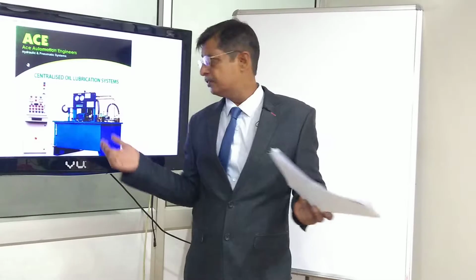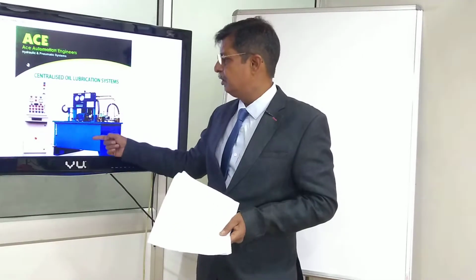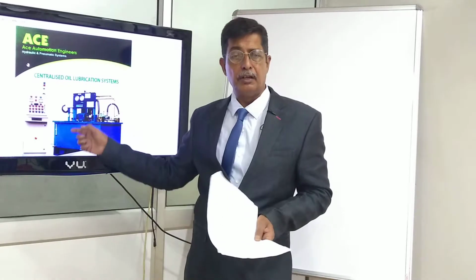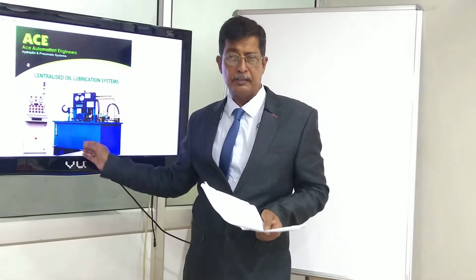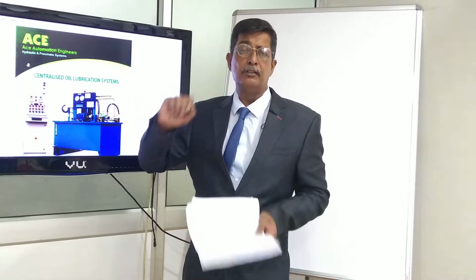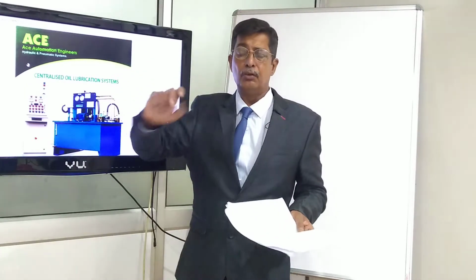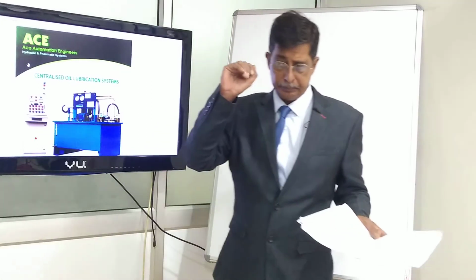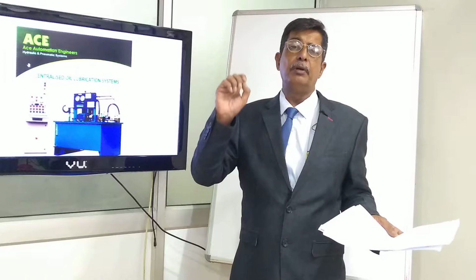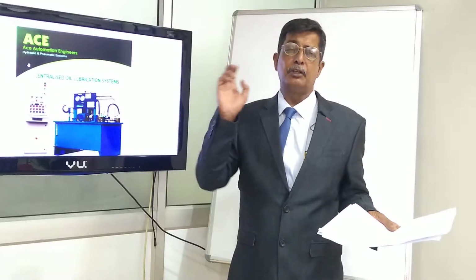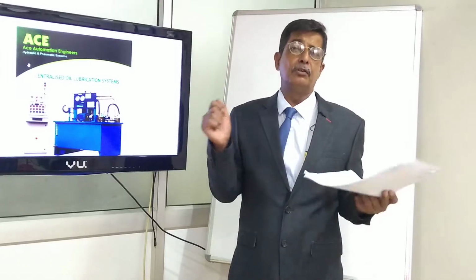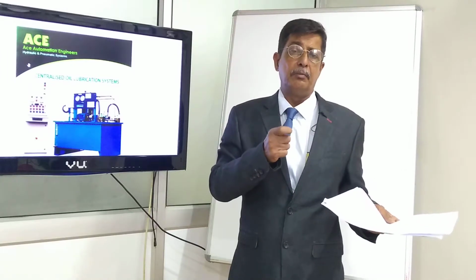So if we fix in the tank a level switch with two switching points, the first one will give us an alarm the moment some oil starts leaking and the level of oil in the tank is dropping, so that preventive maintenance can be done and we plug that hole and top up the oil.